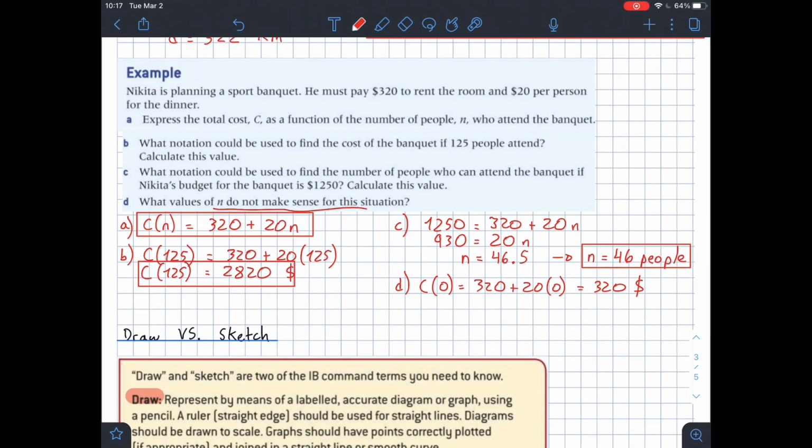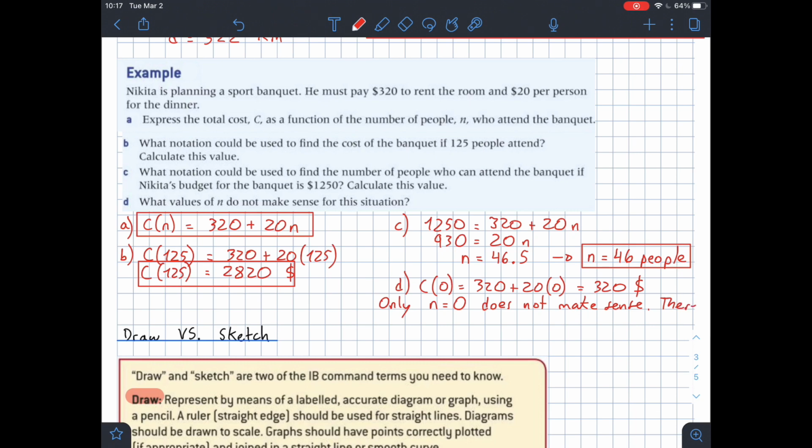And then for the maximum value, I cannot think about any restriction, right? If I don't have a budget restriction, as I did in part C, then I could invite an infinite number of people, right? The problem is not talking about any restriction. So I would say that only n equals 0 does not make sense.